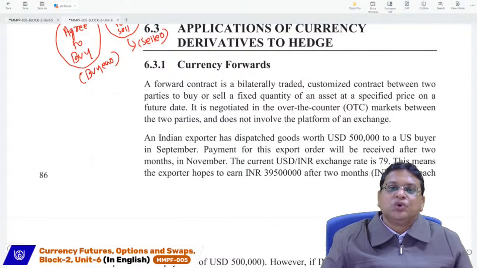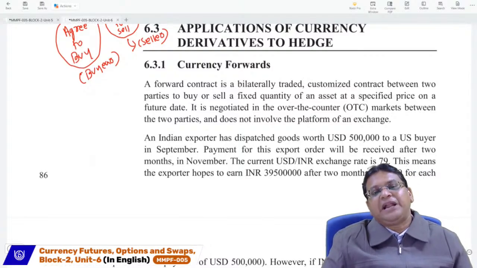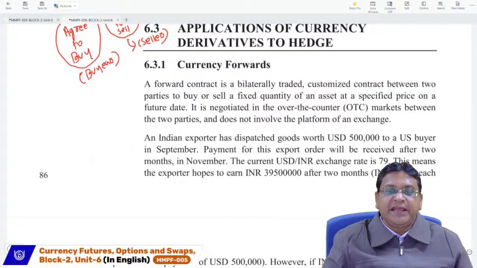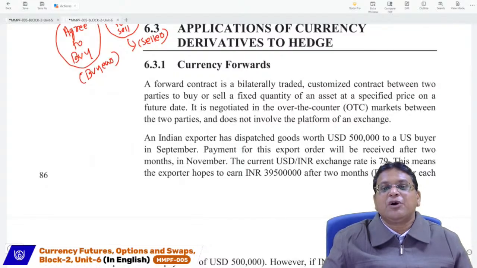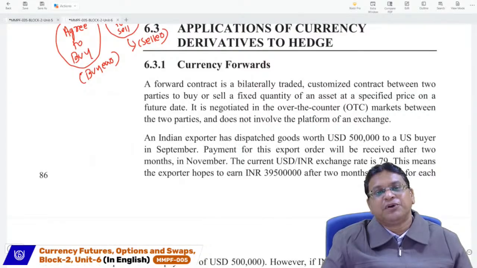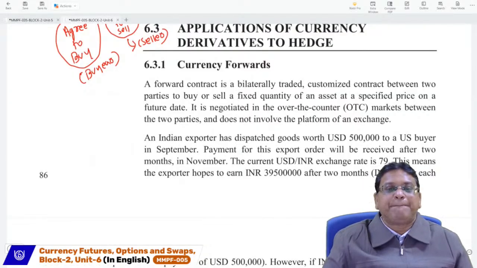Okay, so in future, whatever might be the price, you will buy at the agreed price or you will sell at the agreed price, and the uncertain future becomes certain with the help of derivatives. So first we will discuss the application of currency forward contract.